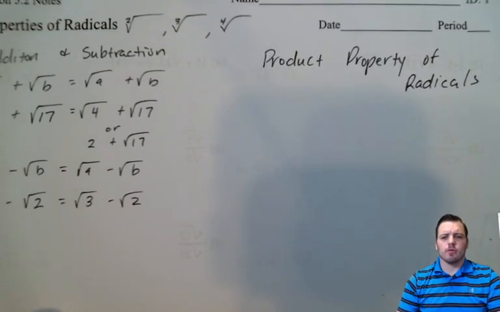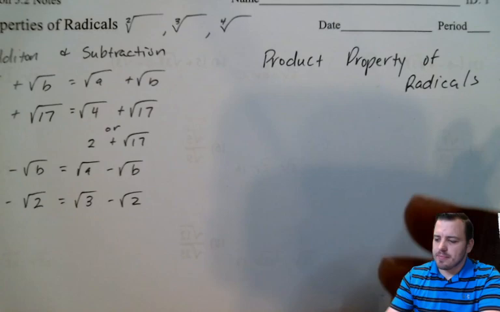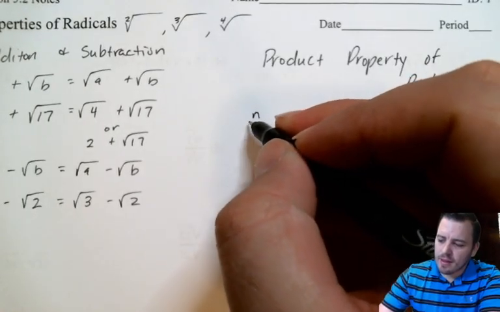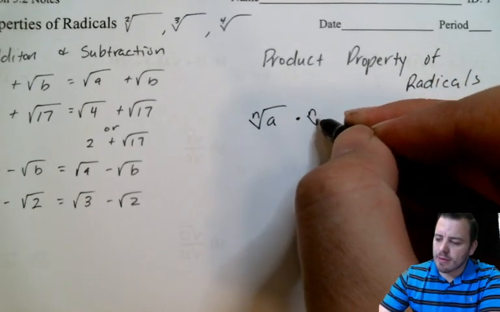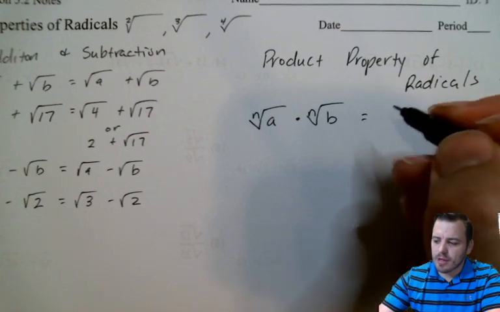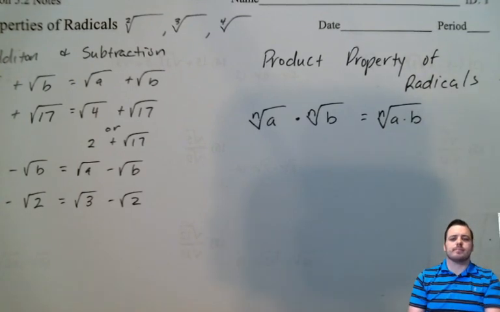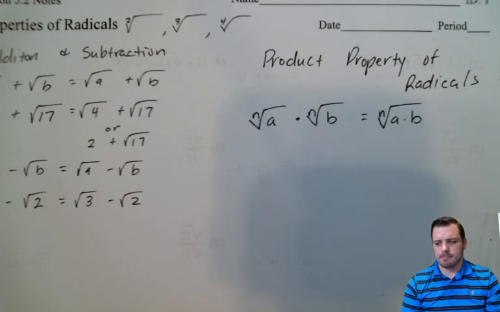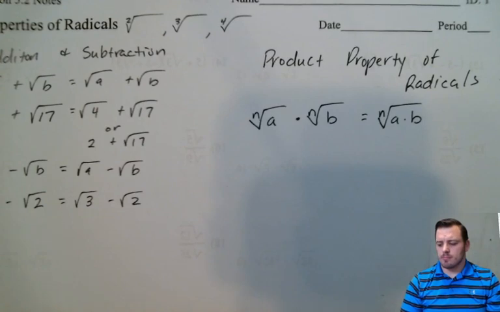Looking at the product property of radicals, it simply says that the nth radical of A times the nth radical of B, as long as the index is the same, you can simply multiply, doing this, A times B. Okay?